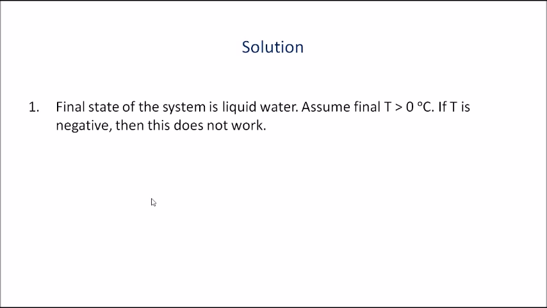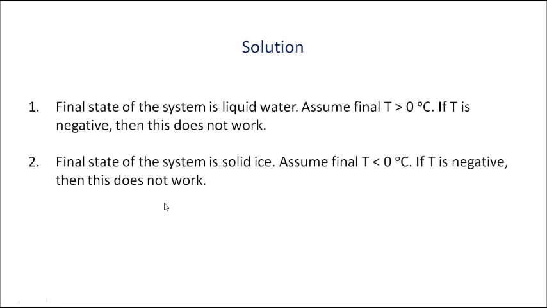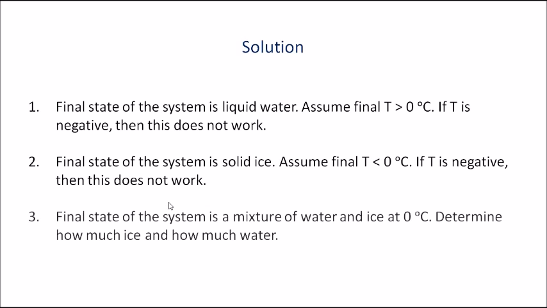Now, if you assume that the final state of the system is solid ice at a temperature less than 0 degrees Celsius, and on solving T comes out to be positive, then again your assumption is incorrect, and the final state of the system is a mixture of ice and water at 0 degrees Celsius. Your job is then to determine the amount of ice and amount of water which specifies the state of the system.